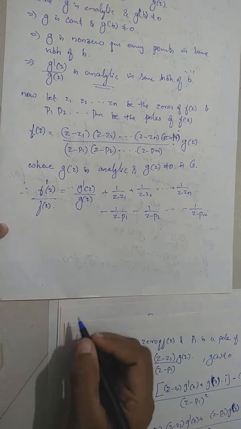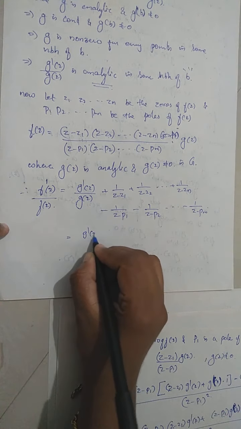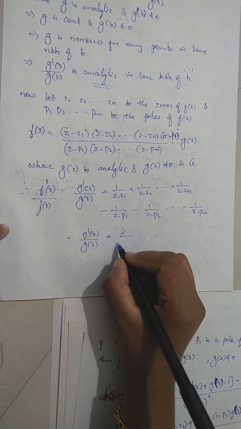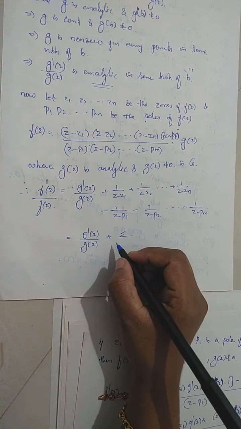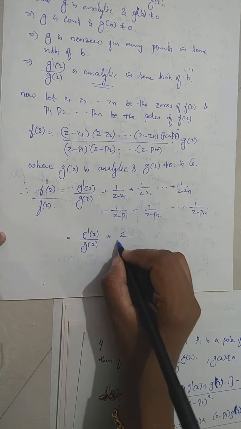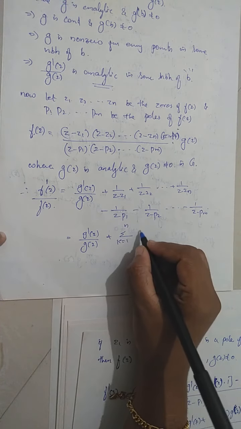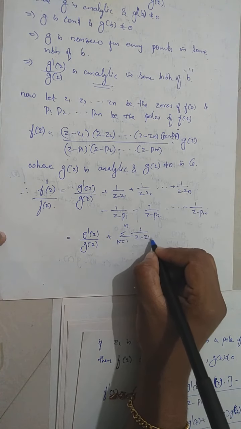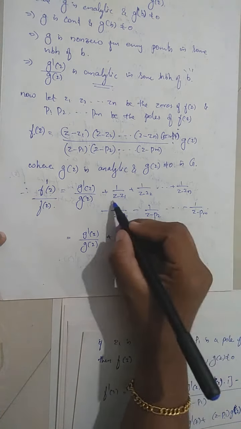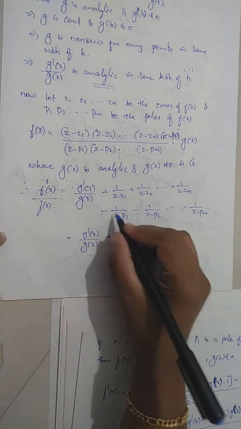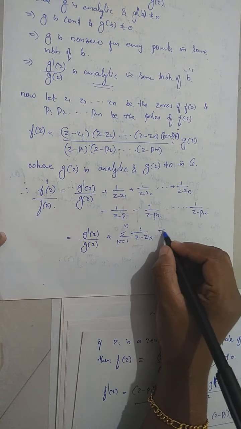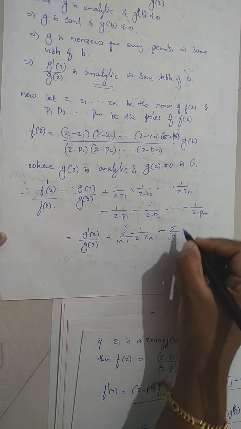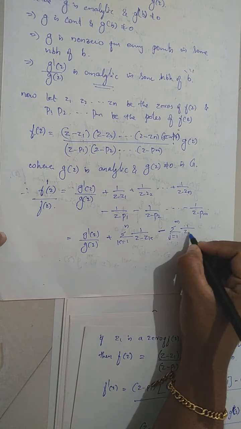This will be the format, and that can be written as G dash Z by Gz plus sigma. Using sigma, I can write sigma k equal to 1 to n of 1 by Z minus Zk, the summation, minus, since the minus can be taken outside, the whole sigma j equal to 1 to m of 1 by Z minus Pj.